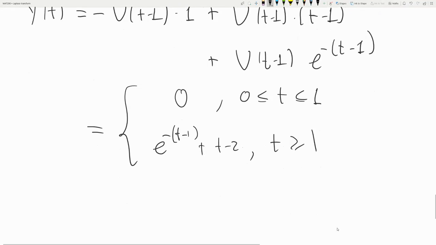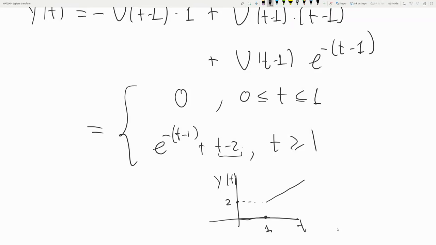Yeah, I can draw it. So the solution is as follows. You're 0 up to time 1. And then at time 1, this guy is 1. And this guy is also 1, so 2. And what happens is you grow linearly. You're a bit faster.